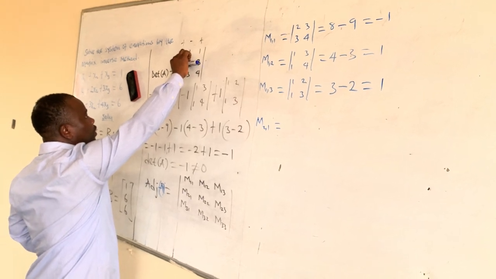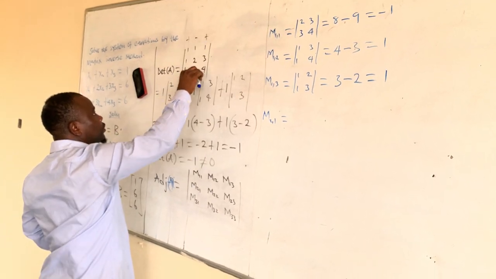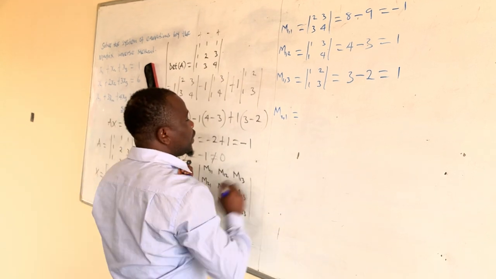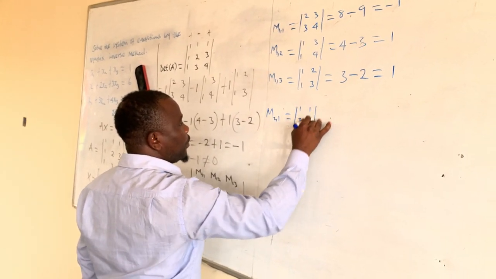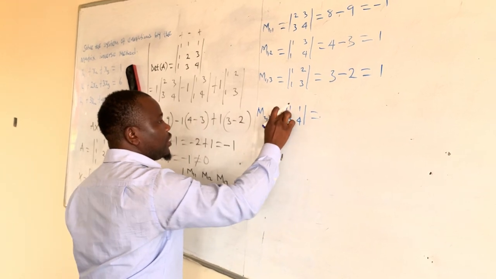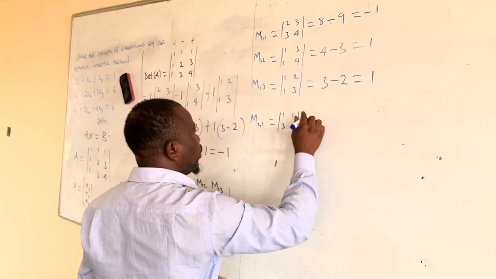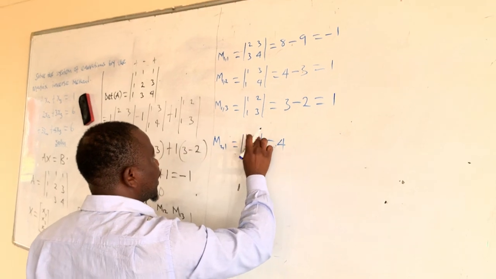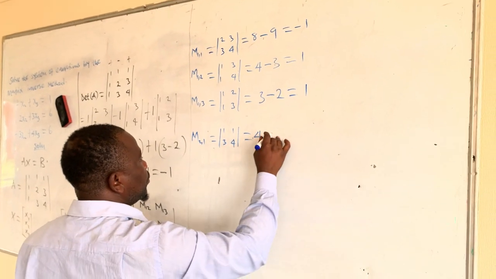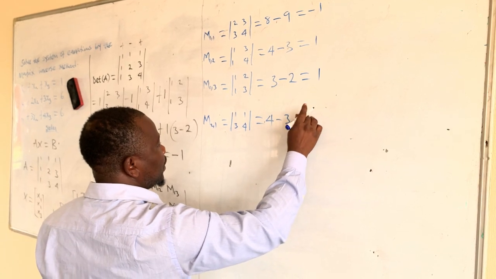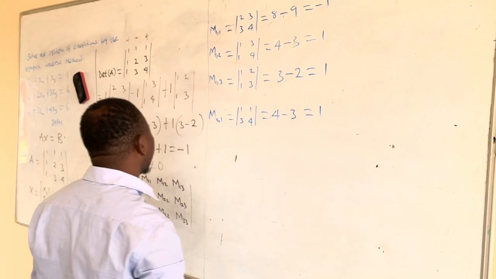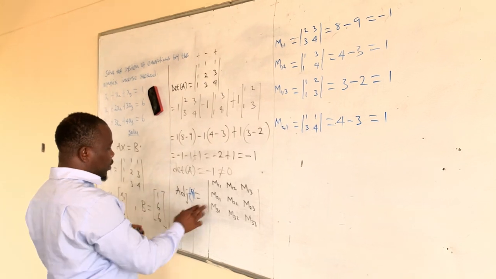So what are we seeing? We are saying 1, 1, 3, 4. This one times this will give you 4 times 1, which is 4. This guy times this guy will give you minus 3. Then 4 minus 3 will definitely give you plus 1. Okay, we are done with this guy.